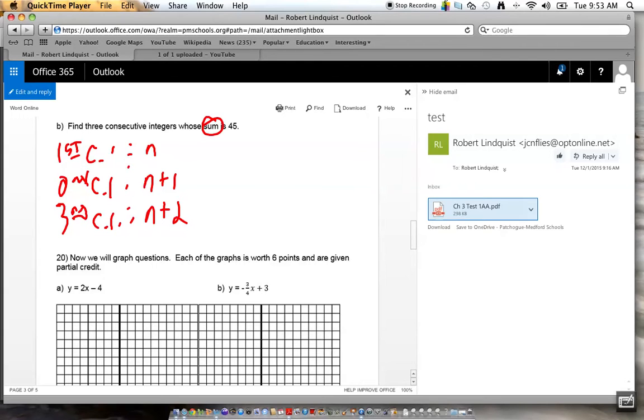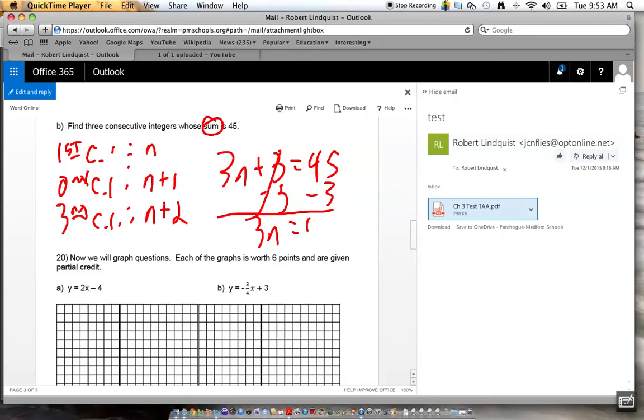And then the key word here is the word sum. Sum means to do what? Add. So that's 1, 2, 3n, plus 3 is 45, minus 3, 3n is 42, divide by 3, n is 14.